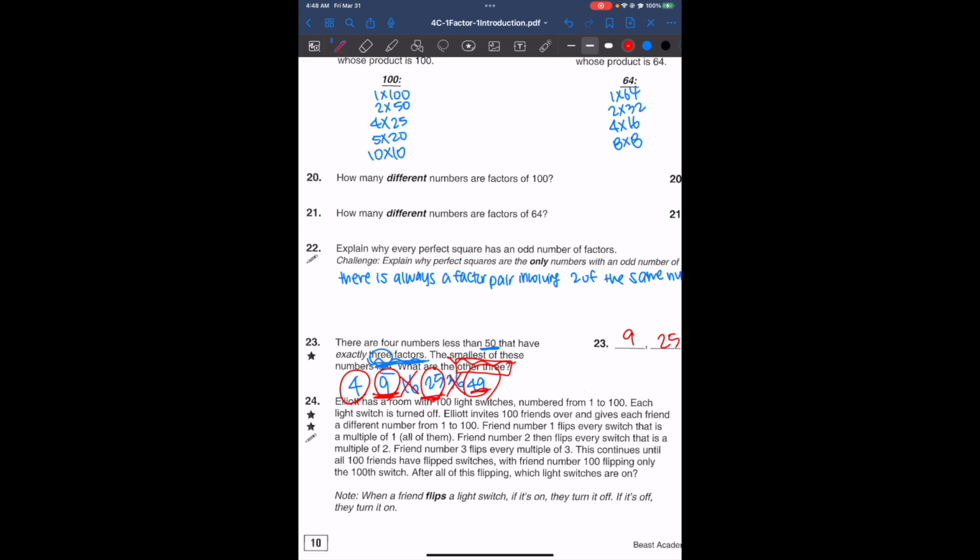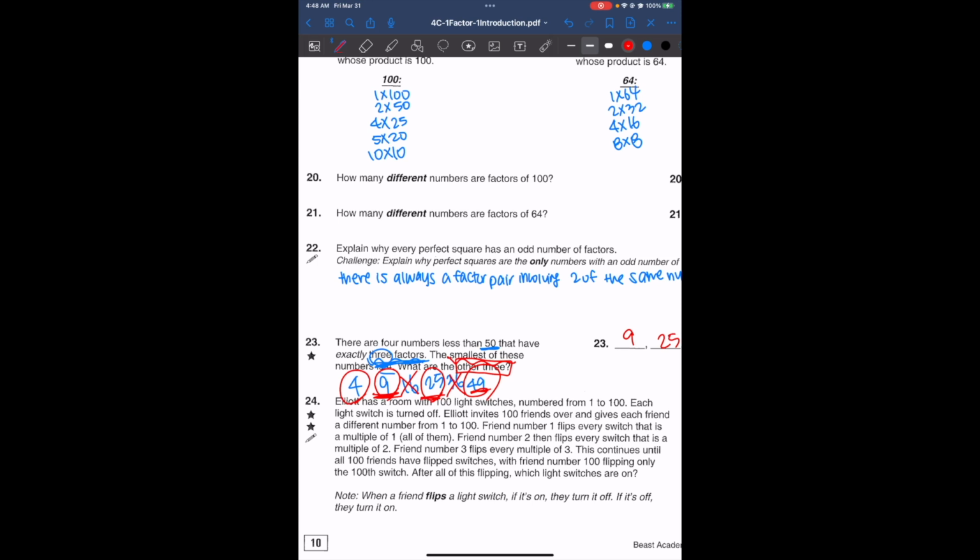And so only the switches numbered with perfect squares will be flipped an odd number of times and will ultimately end up on, because it started off, and flipping an odd number of times is going to make it the opposite, so it's going to be on.